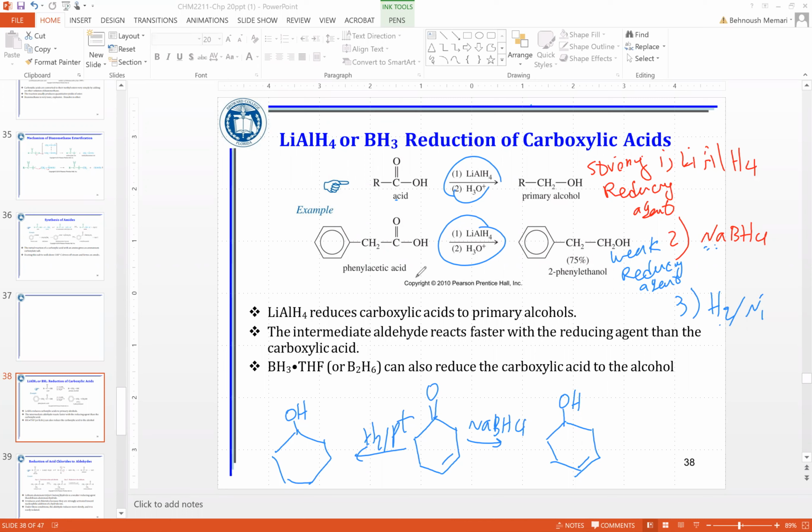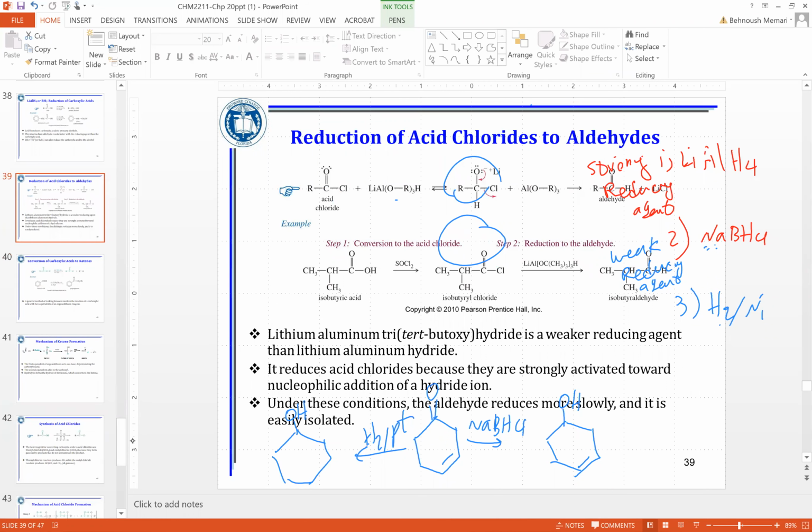Lithium aluminum hydride is strong and it can do two steps. First, it changes carboxylic acid to aldehyde and then aldehyde to primary alcohol. So it does a two-step reduction. Any carboxylic acid derivative plus LAH would give you a primary alcohol, except for amides and nitriles. Amides and nitriles would give amines.